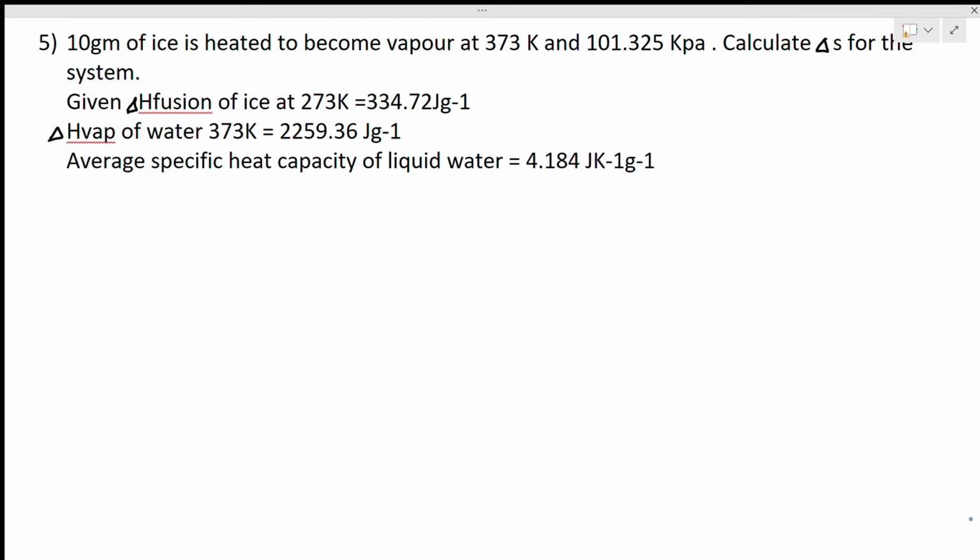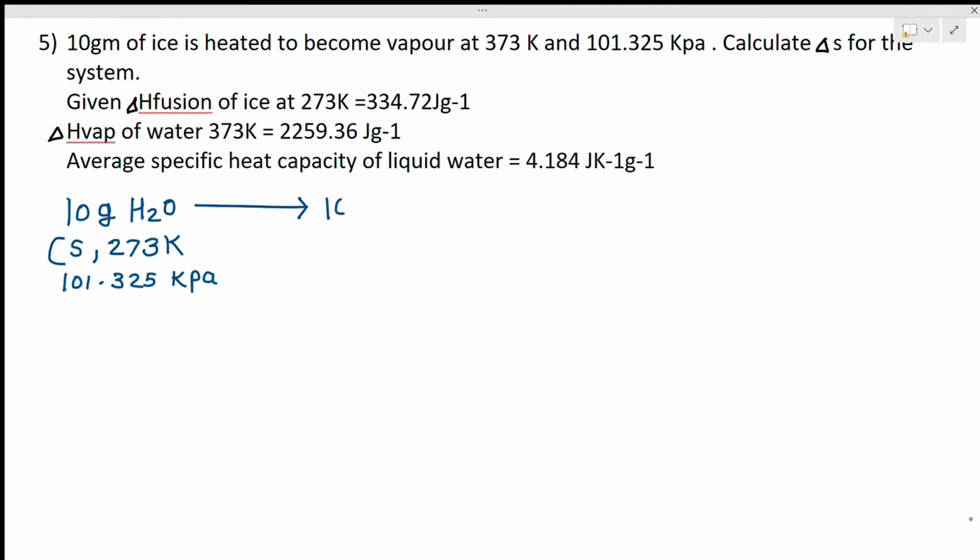So now see here for total entropy change. Firstly, see the transformation which is happening. We have given 10 grams of ice, which is heated. It means 10 gram H2O, that is solid, at the temperature 273 Kelvin and the pressure 101.325 kilopascal.